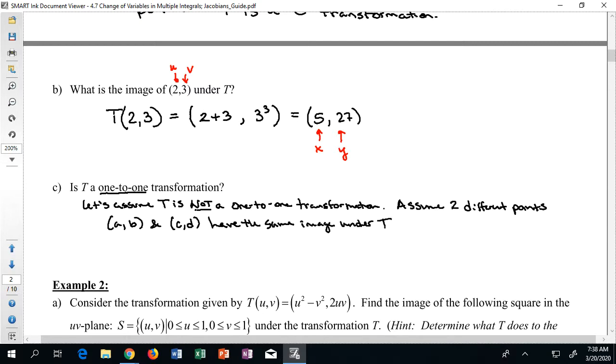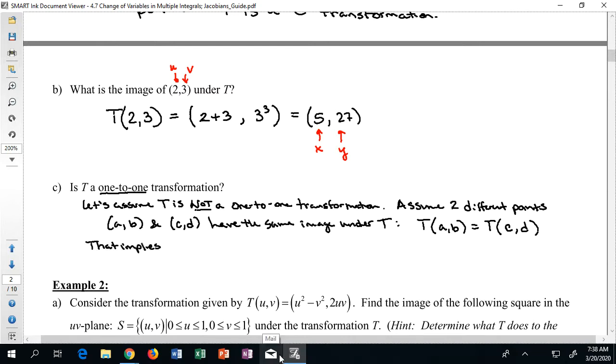So those are U, V points, and I'm going to plug them into the T formula, and I'm going to suppose that if it's not one-to-one, then there have to be two points out there that make the same result. Okay? So what we really mean here is that when I plug (a, b) in, I get the exact same thing as when I plug (c, d) in. Let's just pretend this is the case because we said this is not a one-to-one transformation. Of course, that implies a couple things.